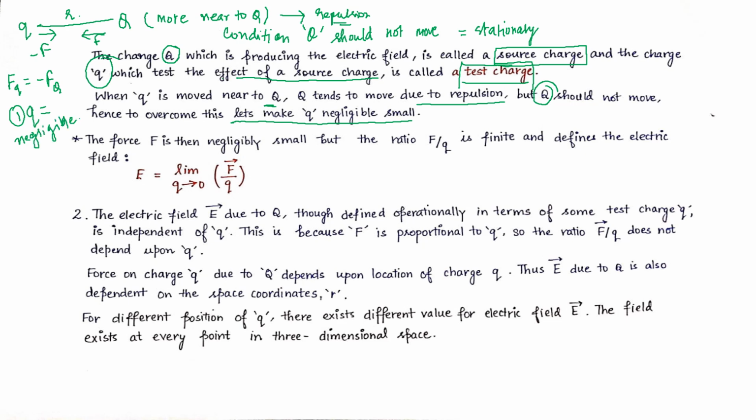Then the force due to small q will also be negligible, right? Force depends upon the strength of the charge also. Force equals EQ, so the lower the q is, the smaller the force. So we make sure our q is negligible to overcome this repulsion.